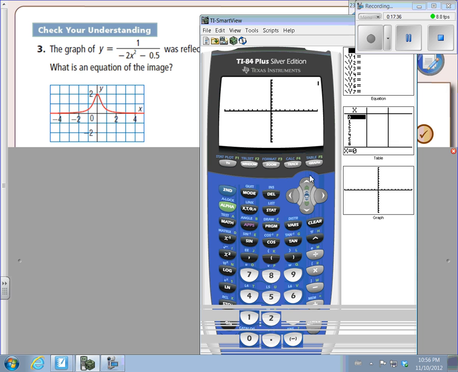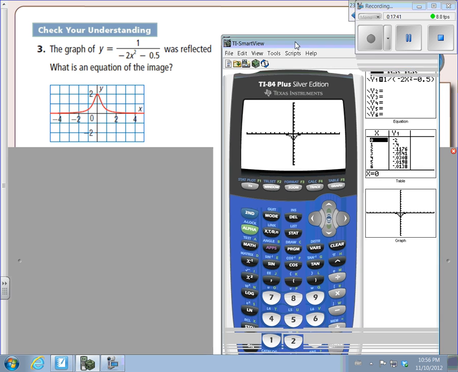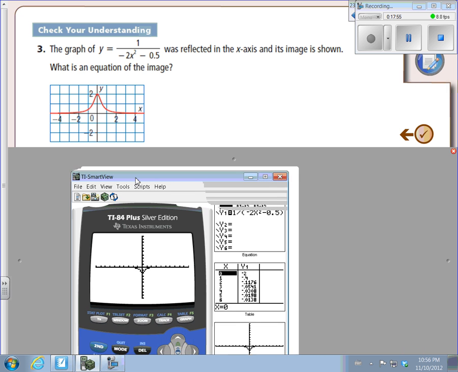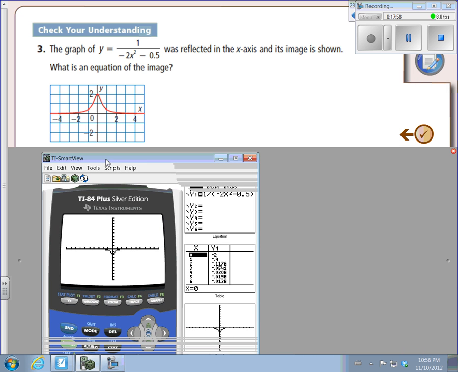Graph. Okay, so that definitely seems to make sense. It's graphed reflected over the x-axis, so that is a horizontal reflection. Oh, sorry, incorrect. That is a vertical reflection over the x-axis, and that definitely looks like the image that we have in front of us here.